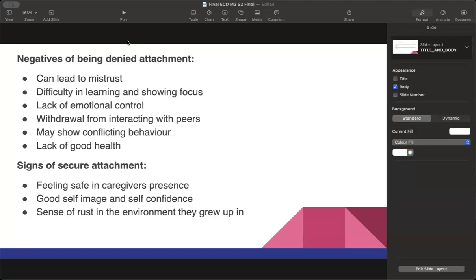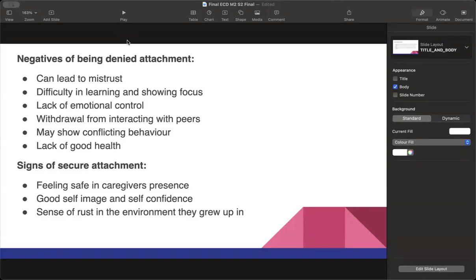Okay. In my experience, I will pick lack of emotional control. I think it's when a child, maybe she's crying, she's not feeling well, or I have mixed feelings.